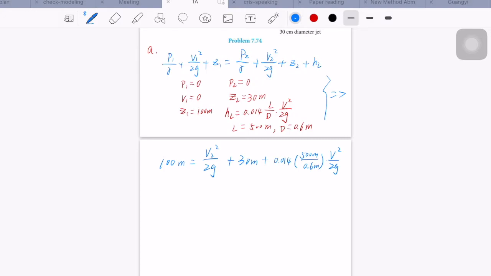So 70 meters equals V2 squared over 2g plus 11.67 times v squared over 2g.